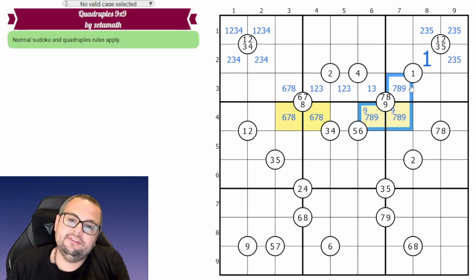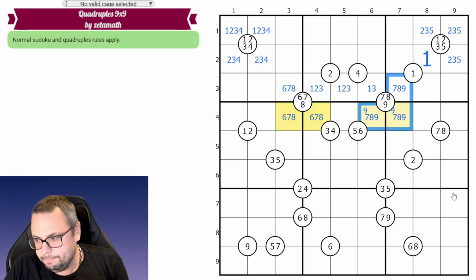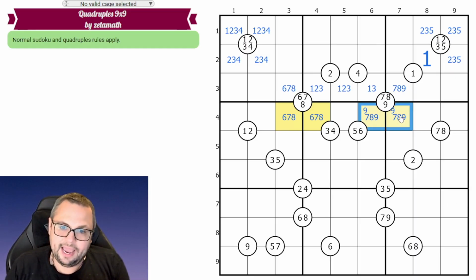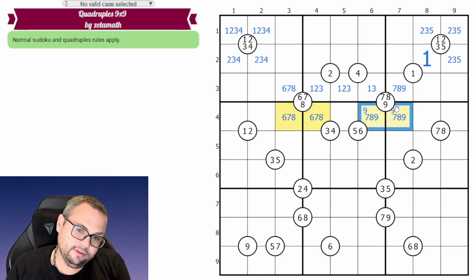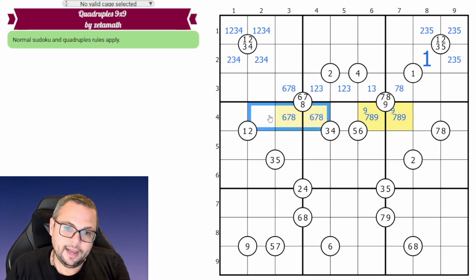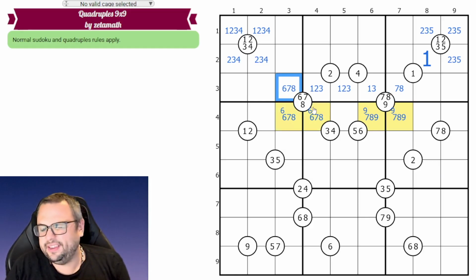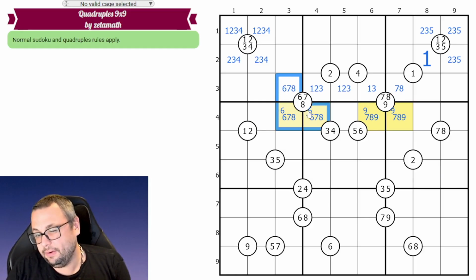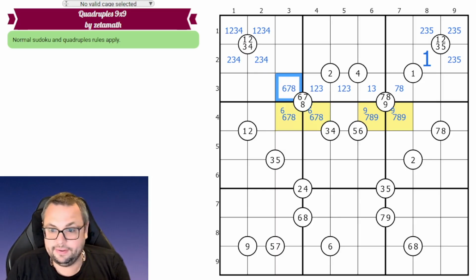So basically, these 3 digits are a bizarre triple. They're an actual 7, 8, 9 triple, so one of those is a 9, so this can't be a 9. And likewise, I know one of these two is a 6. So this can't be a 6, because if it was, again, that would be 2 6s around this quadruple, and I'd run out of cells before I got the 7 and the 8. Okay, so that can be worth thinking about.